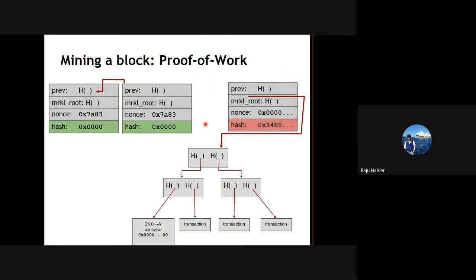For example, here you consider one nonce value, and you get a wrong hash value. I mean, the hash value should have the required number of zeros at the beginning, right? And you get fewer zeros, so you change your nonce and you keep trying. Even if you do not succeed, these are the transactions that you have considered in the form of a Merkle tree in your block. In this case, there is one special kind of transaction that you have to create.